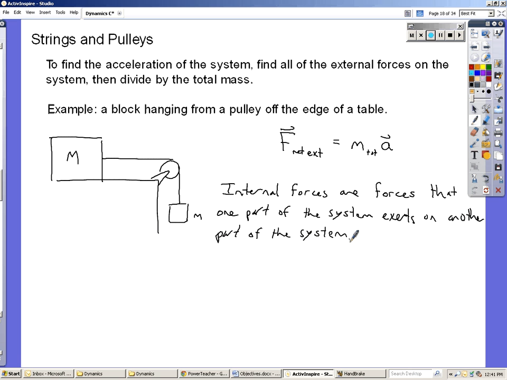So in this case, the internal forces would be the tension. Our system is going to be the two blocks and also the string. And so the forces that those two blocks exert on each other are internal forces, and we'll ignore them.